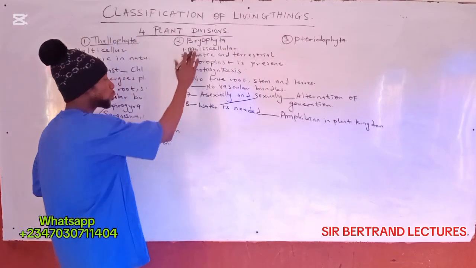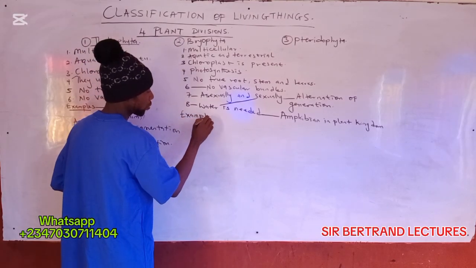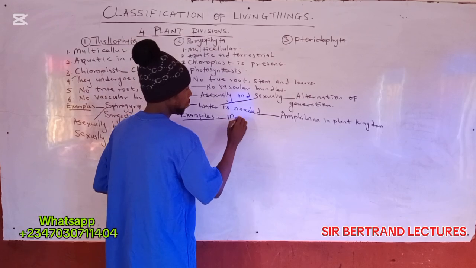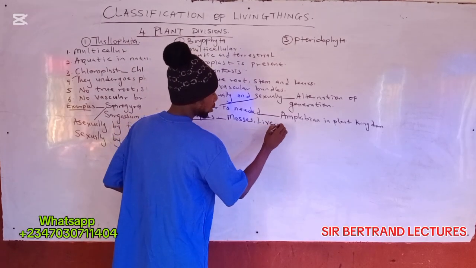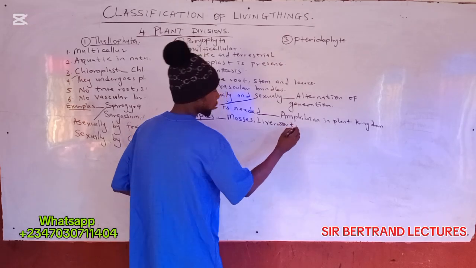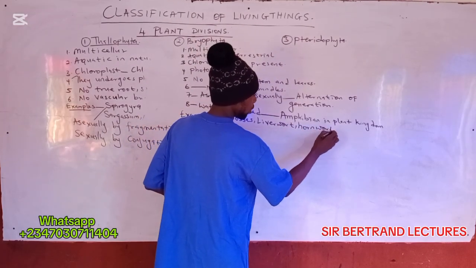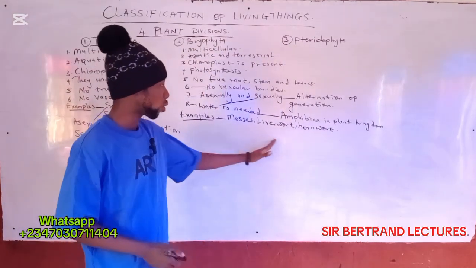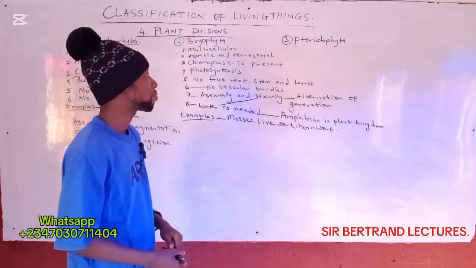Now, what are the examples of Bryophyta? Examples are mosses, liverworts, and hornworts. These are common examples of Bryophyta.